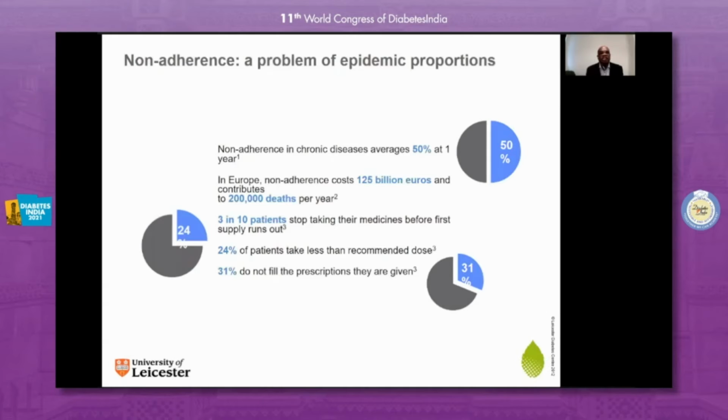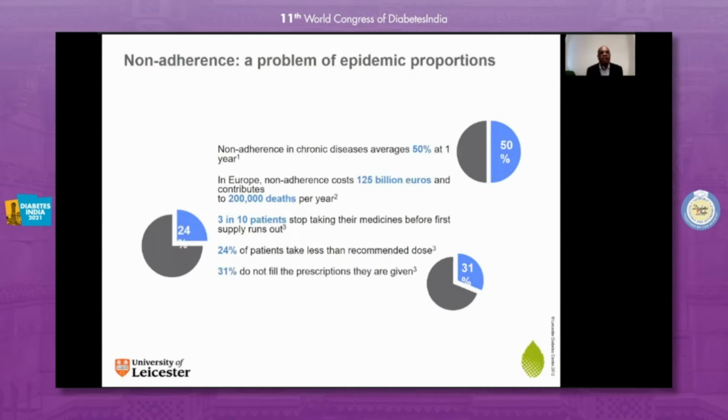The other big challenge that contributes to this efficacy gap is non-adherence. Non-adherence is a huge problem, accounting for about 50% of chronic disease management in a year from diagnosis. And in Europe, it accounts for about 125 billion euros being wasted in the healthcare service.